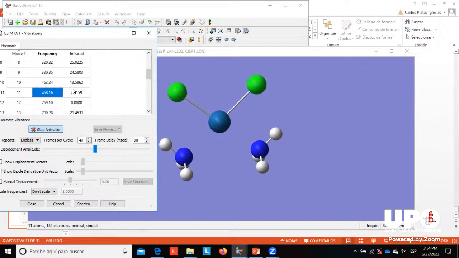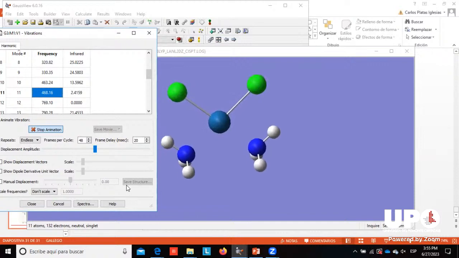Because I think the symmetrical vibration will not change the dipole moment of your molecule, right? So it will be infrared inactive. So we will have 4 stretching vibrations, but only 2 of them will be active in infrared, while for the cis isomer, we have all 4 of them active, right?